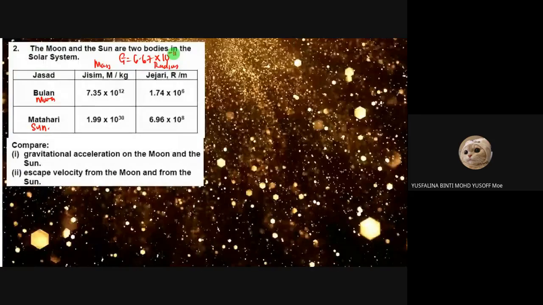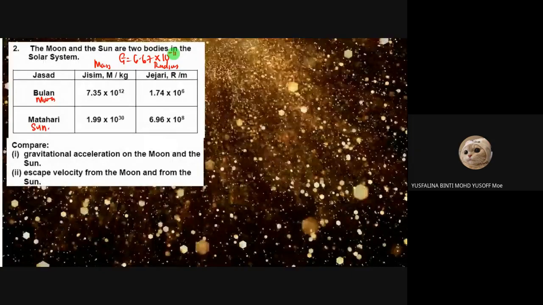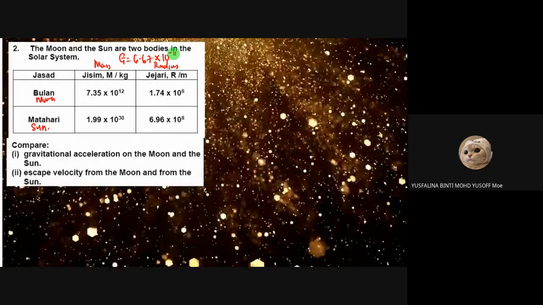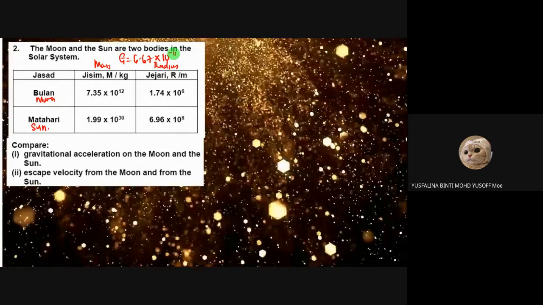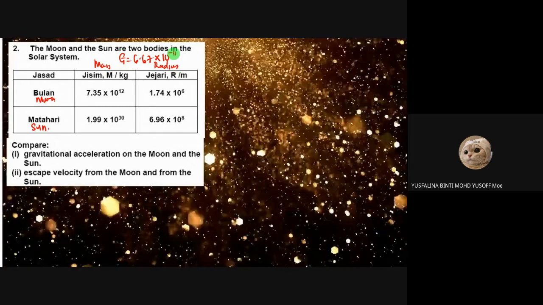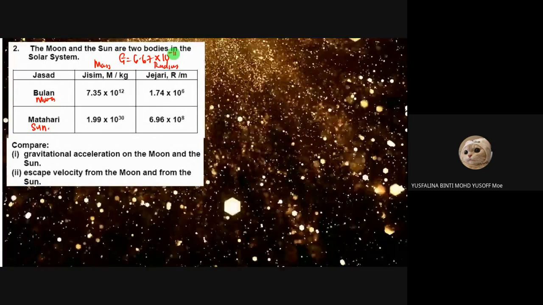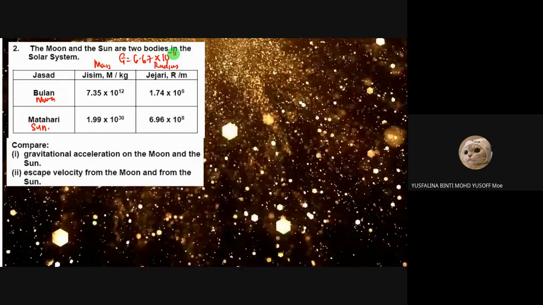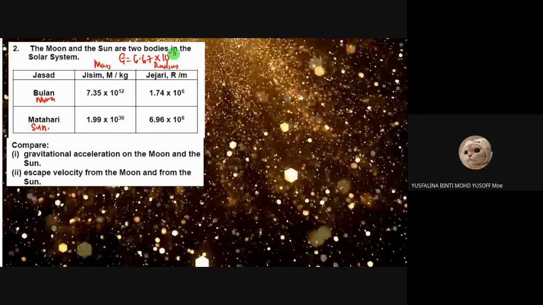Moon 1.62 times 10 power of negative 10 and Sun is 274. Others 2.74 times 10 power of 2. Okay, so same as pi.